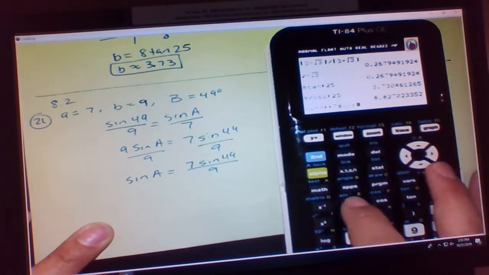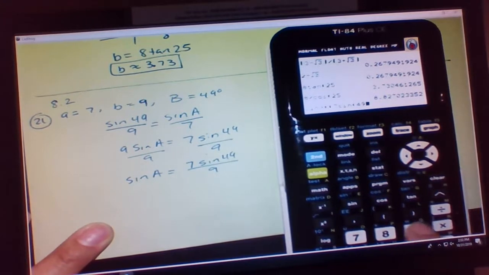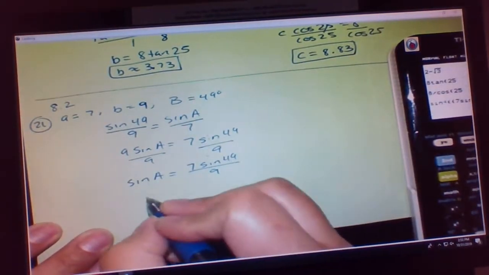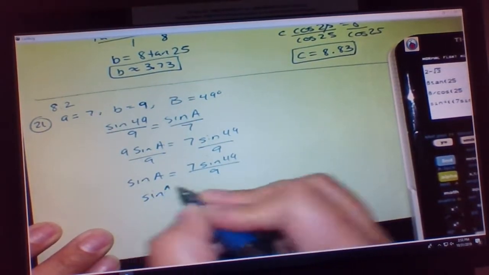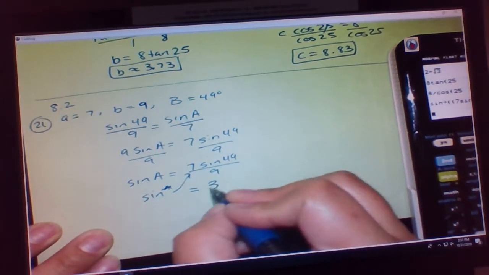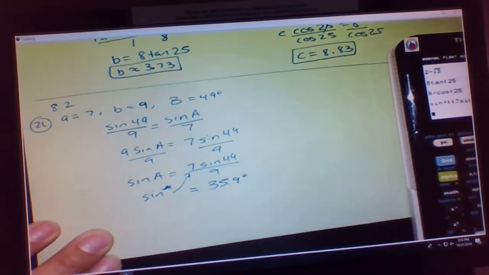Am I doing something wrong? I'm already doubting myself. Divided by 9. And that right there is 35.9.